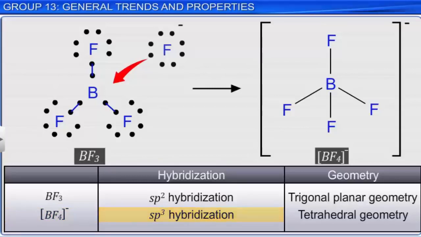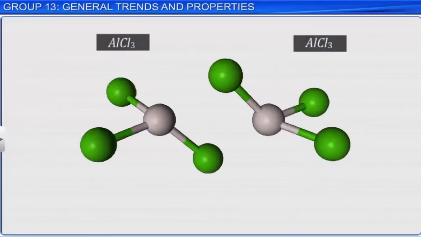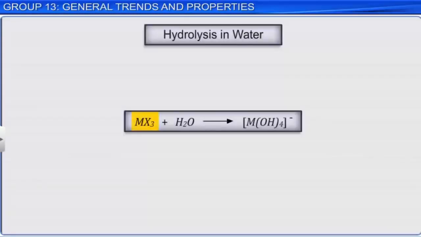The geometry is tetrahedral. Aluminium chloride dimerizes to achieve stability. The dimer has tetrahedral geometry around the aluminiums. Trivalent compounds hydrolyze in water to form complex ions.